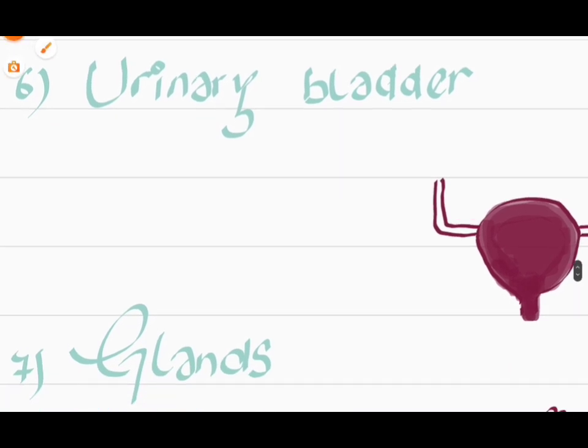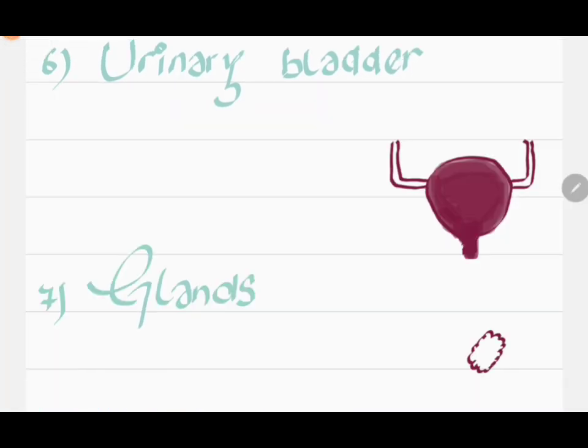In the urinary bladder, we have two kinds of muscles, the detrusor muscles and the trigone muscles. The detrusor muscles contract and the trigone muscles relax, and as a result of stimulation of both these muscles, voiding occurs.